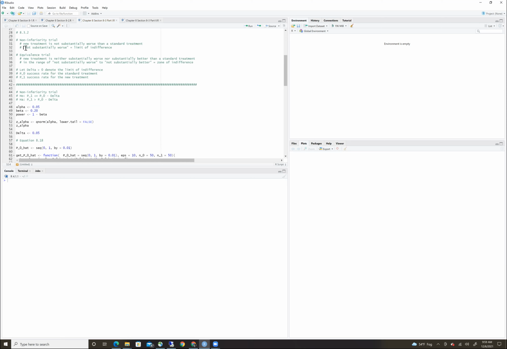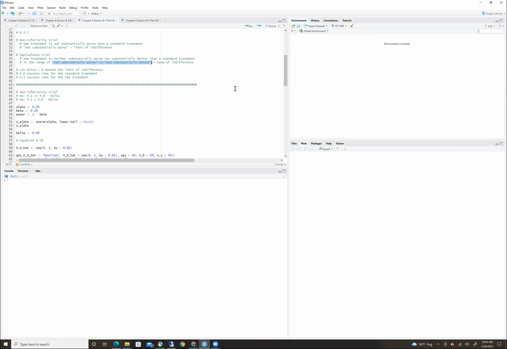And not substantially worse, we call this the limit of indifference. All right. Whereas for an equivalence trial, we're asking, is the new treatment neither substantially worse nor substantially better than a standard treatment? And the range from not substantially worse to not substantially better, we call the zone of indifference.